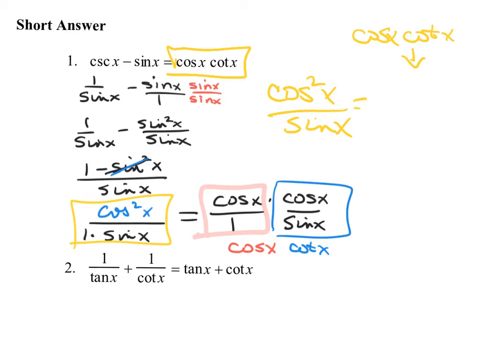And make this equal cosine x, and then change this to cosine x over sine x. And then when you multiply, this one now turns into cosine squared x over sine x, which is what that equaled. So either way, if you want to touch the other side a little bit so it makes it equal the other side, you can.